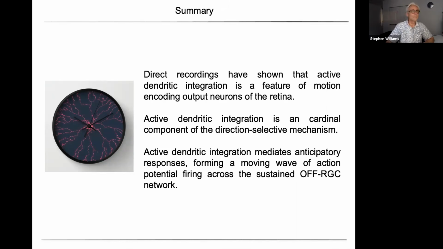We haven't been able to record from the terminal dendrites, and we're going to have to go to voltage imaging. They're just far too small to record from. But in terms of dendrosomatic compartmentalization, they're as compartmentalized as a large layer 5 cell.